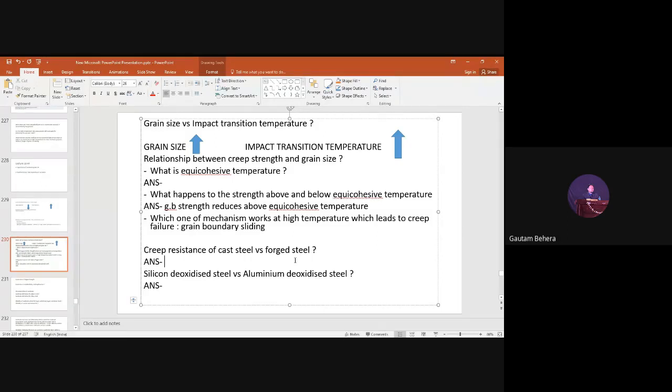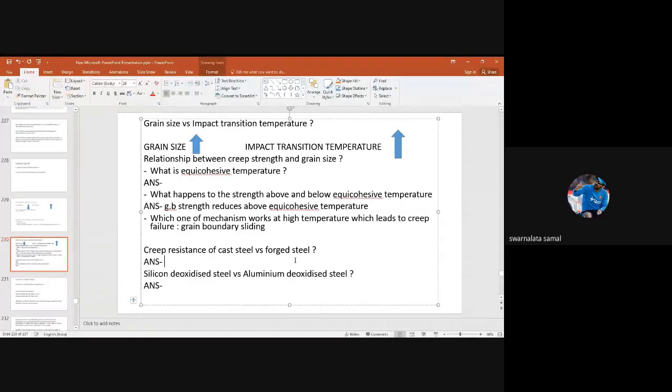Yes, sir. Swarnalata, what kind of force is acting on a material when you do forging? Apurva Das, what kind of force do we apply on a material when we do forging?